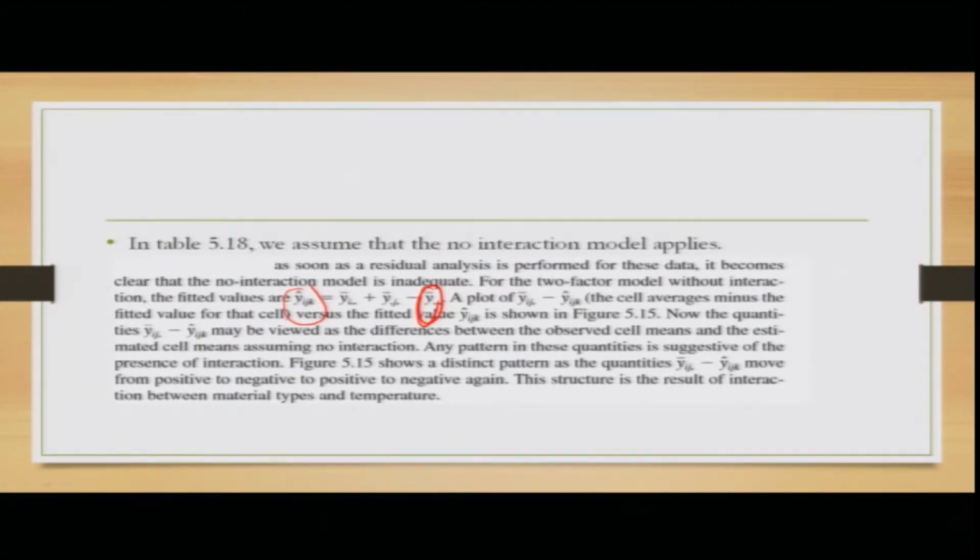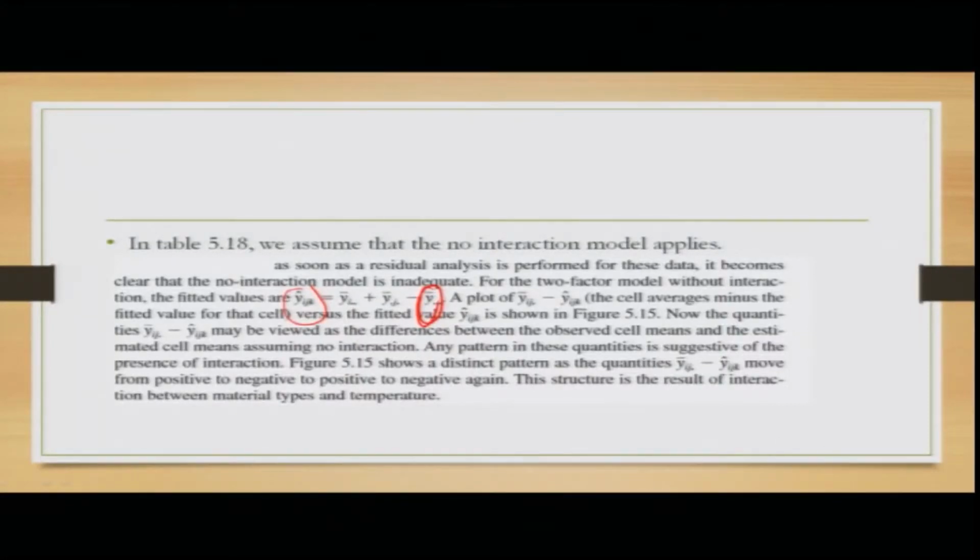ijk, the cell average minus the fitted value of the cell, versus the fitted value would be shown. The quantities we found may be viewed as the difference between the observed cell and the estimated cell mean, assuming no interaction. If there is no interaction, technically we are assuming the combined effect of A and B is 0. Any pattern in these quantities is suggestive of the presence of interaction.